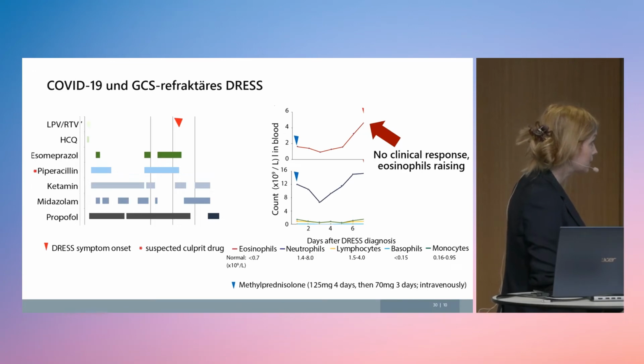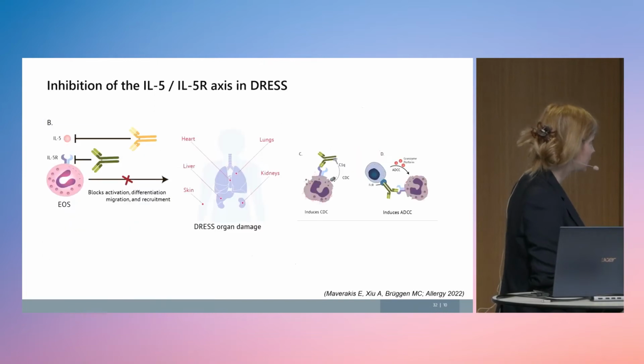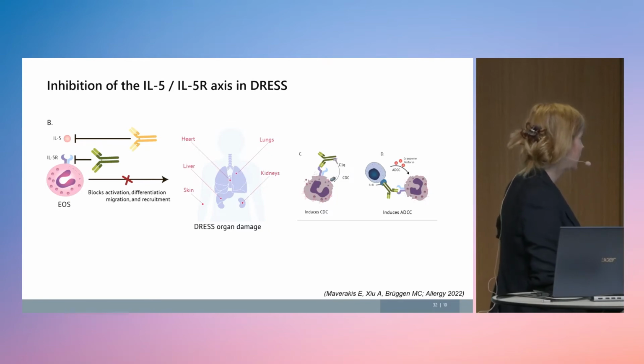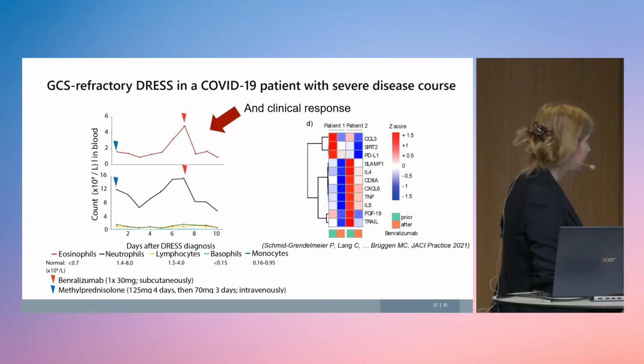But as you can see here, with the eosinophilia, she did not respond, and most importantly, she did not respond on a clinical level. So, based on very high IL-5 that we found in the serum, and that IL-5 might be the main activator of eosinophils in this situation, we decided to give benralizumab, an IL-5 receptor alpha antibody, and actually observed a quite nice clinical response and also an immediate drop of the eosinophils.